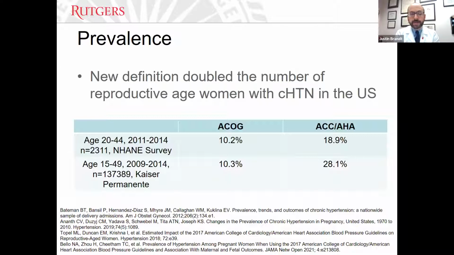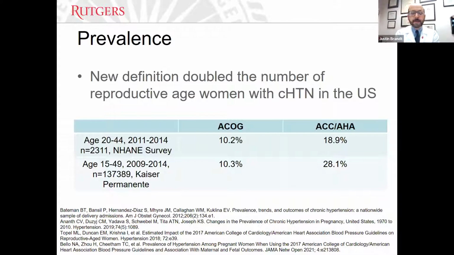One came from NHANES data and included reproductive age women aged 20 to 44 from 2011 to 2014. By ACOG's definition, 10.2% of pregnant people had chronic hypertension, but by the new ACC-AHA definition, the prevalence of chronic hypertension increased to 18.9%.